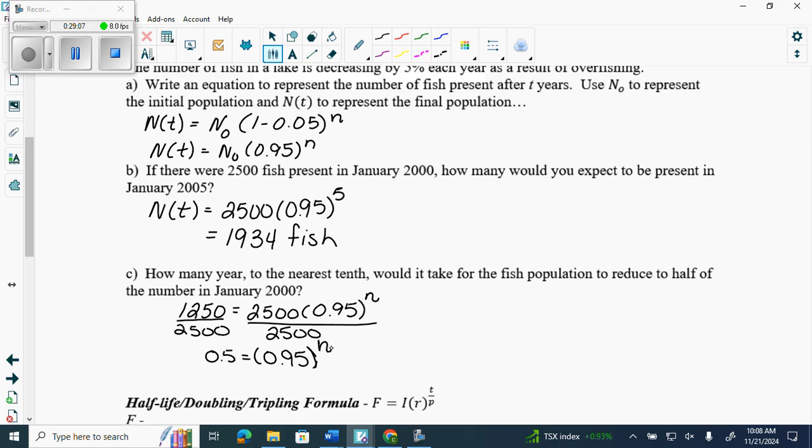When I'm missing my exponent, I have to convert to a log. Can I convert to a log? How many pieces of information do I have? 3. How many slots does a log have to fill into? 3. So I know I'm going to do it. So I go log base what? What's the base of my exponent? 0.95. What goes beside it? 0.5, and it equals 13.5.